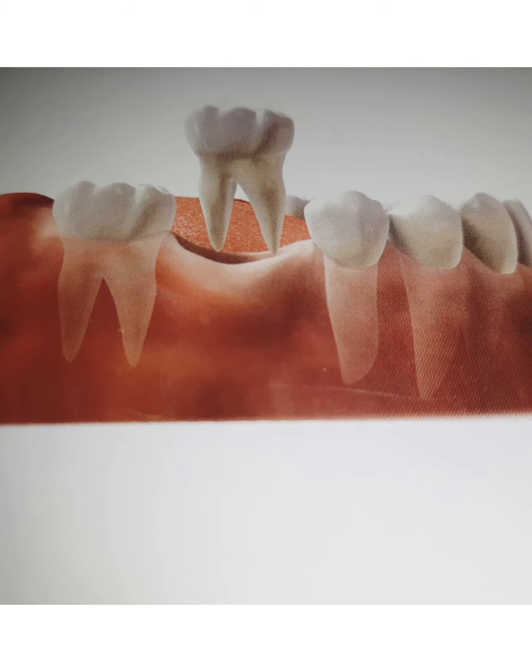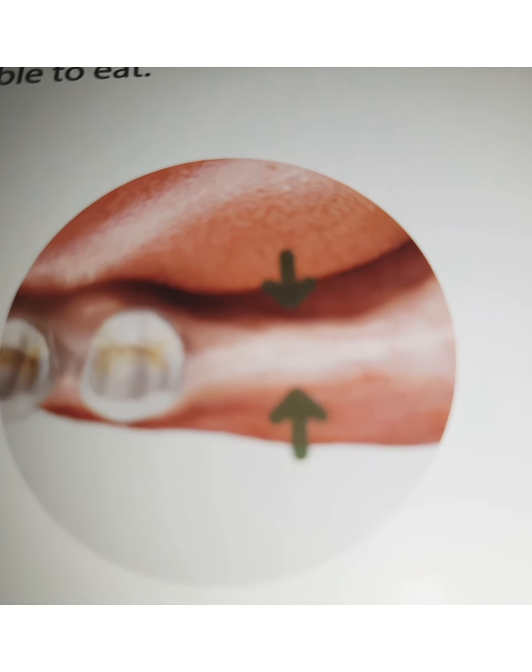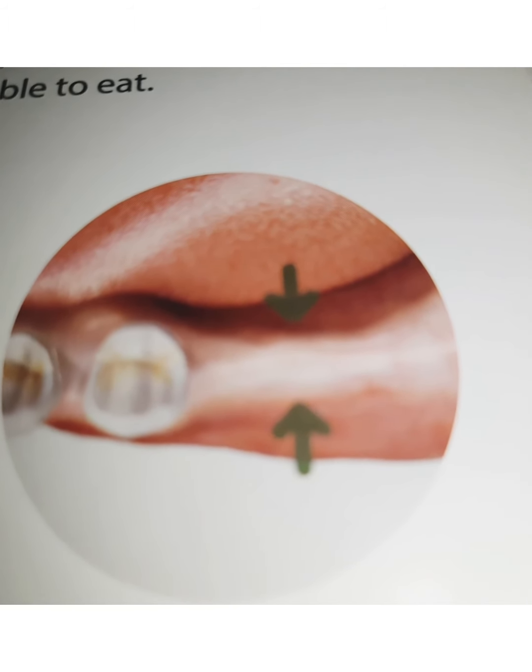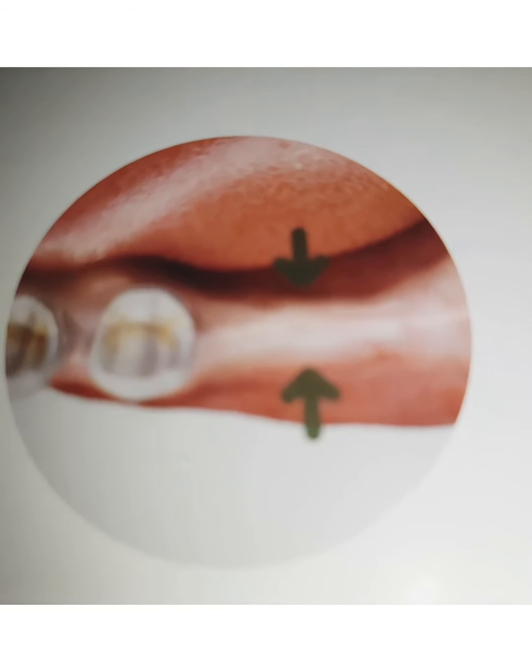A number of things happen here, and there is bone formation after some period of time, and the socket is covered by periosteum. And this residual ridge changes in shape and size at varying degrees in different individuals and in the same individual at different times.